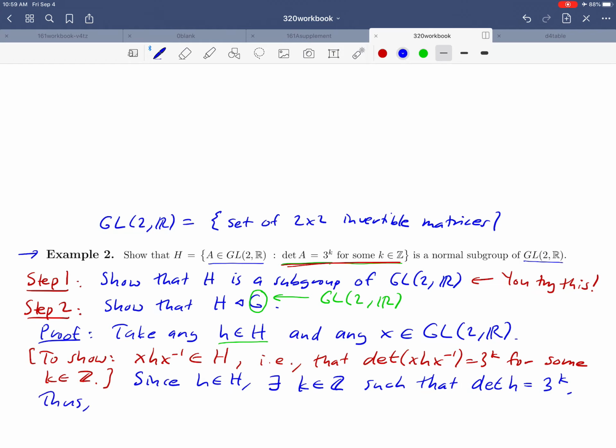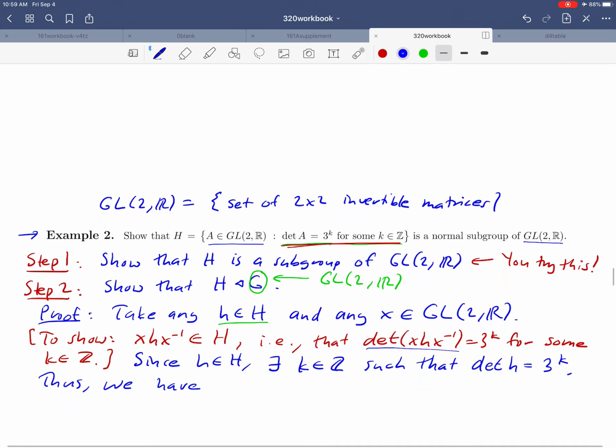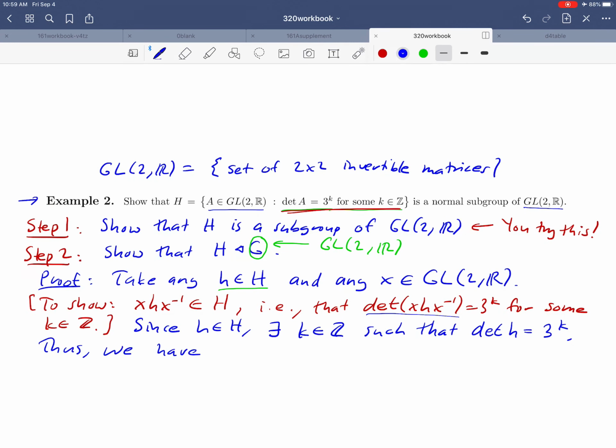And with that observation, we are ready to look at the determinant of x inverse and to see if it has the property that we want. Actually, I just noticed I've used the variable k twice. To avoid that, maybe call it 3 to the j, so that j is not the same as the k that we have here.